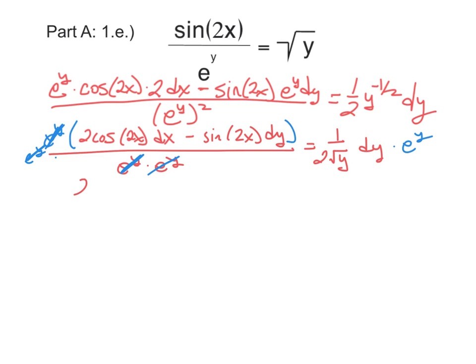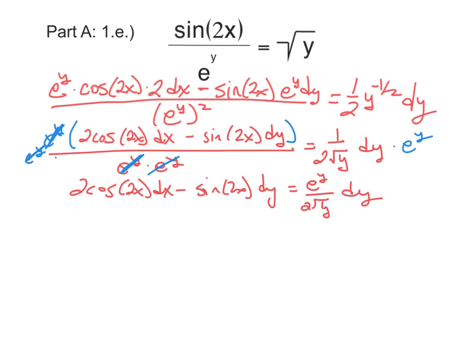So what we're left with, 2 cosine of 2x dx minus sine of 2x dy. On the right, we'll have e to the y over 2 square root y dy.